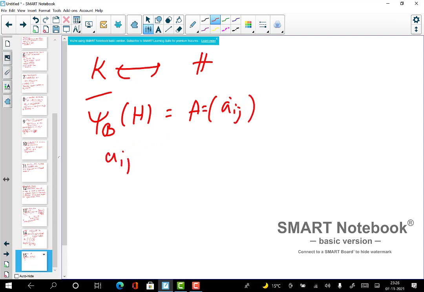How do the Aij look? Let me write down the original matrix.